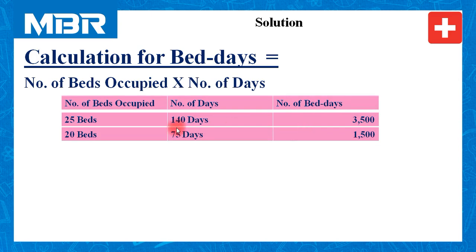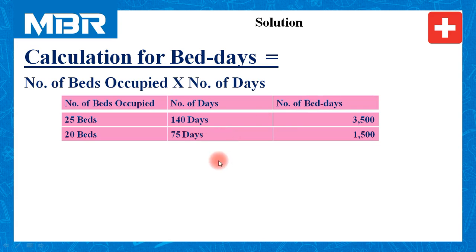Information number 2 is about another 75 days of the year. For another 75 days, 20 beds were occupied. So 20 beds multiplied by 75, the resultant figure is 1,500. It is the number of bed days during the next 75 days.